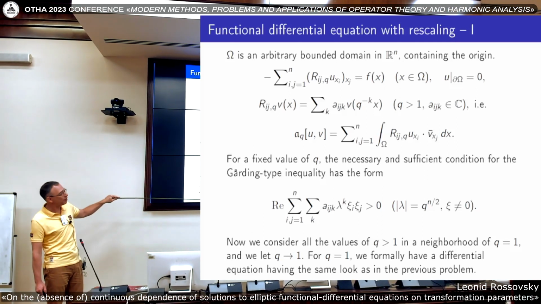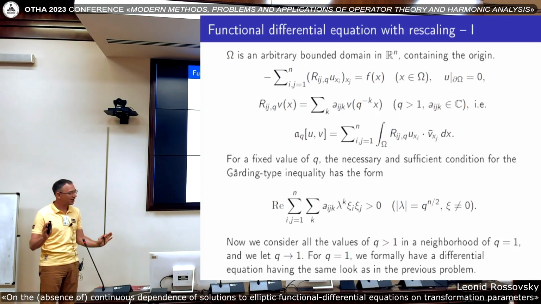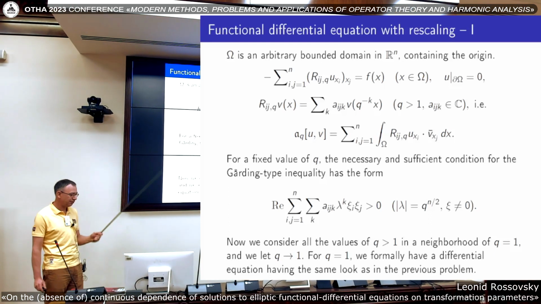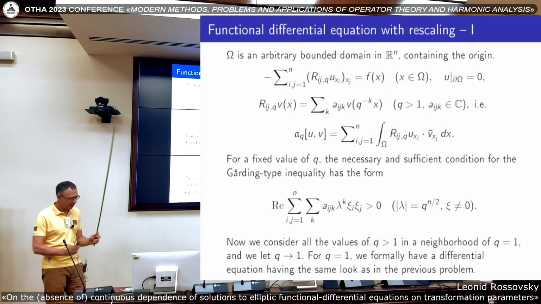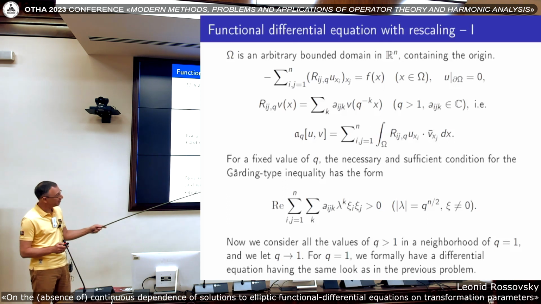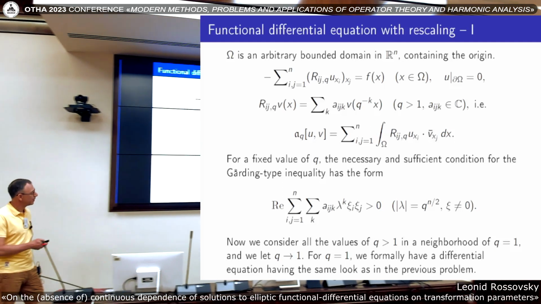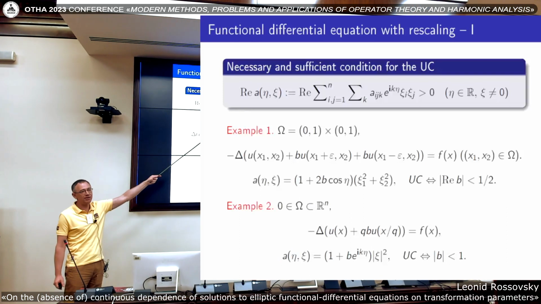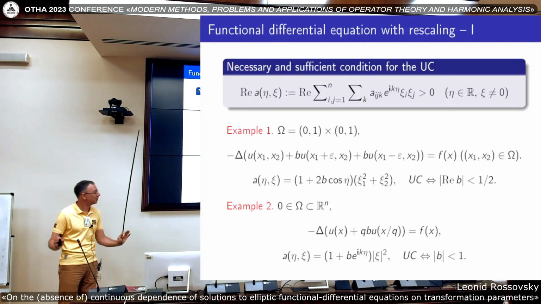For q equal to 1, we formally have a differential equation, and it is the same differential equation as in the previous problem. So when we have fixed shifts and fixed scaling parameters, these problems are very different. But they have the same limit problem, the limit differential equation, and the necessary and sufficient conditions for the uniform coercivity are the same. So the difference disappears here.